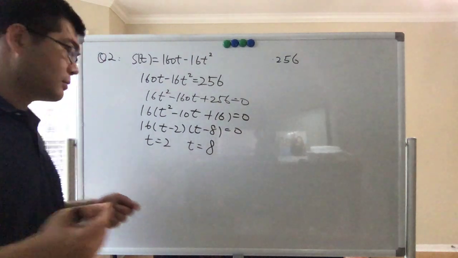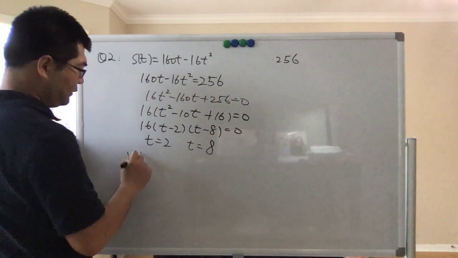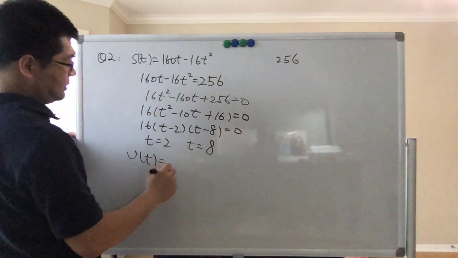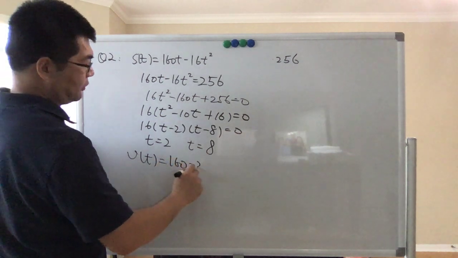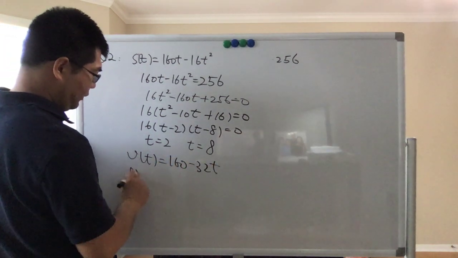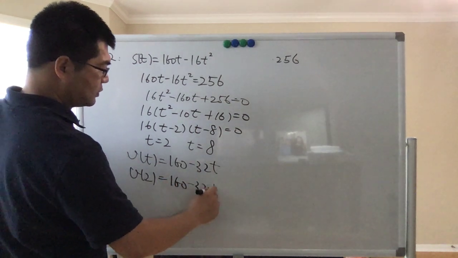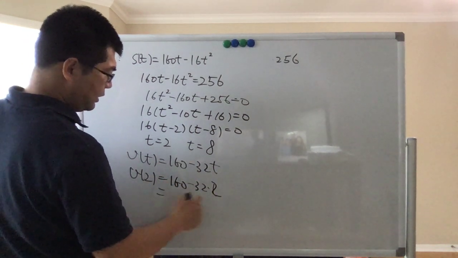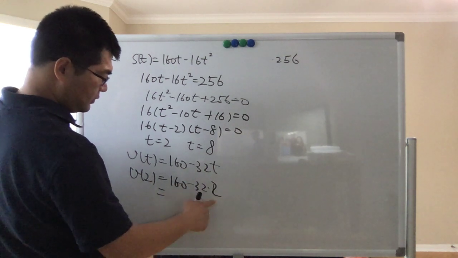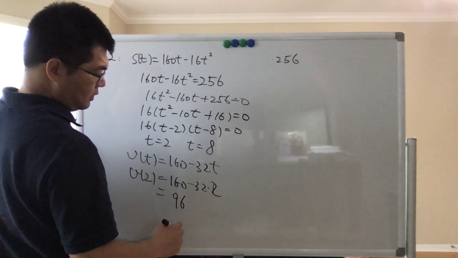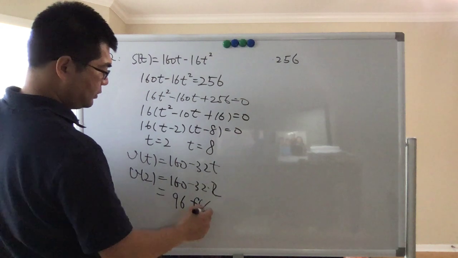To make sure: v of t is 160 minus 32t, so v of 2 is 160 minus 32 times 2, which is 160 minus 64, so 96 feet per second.